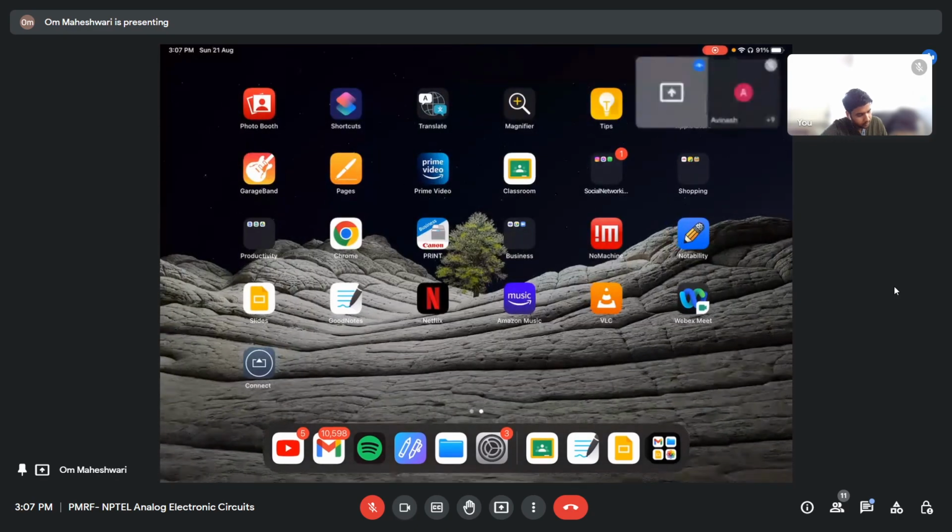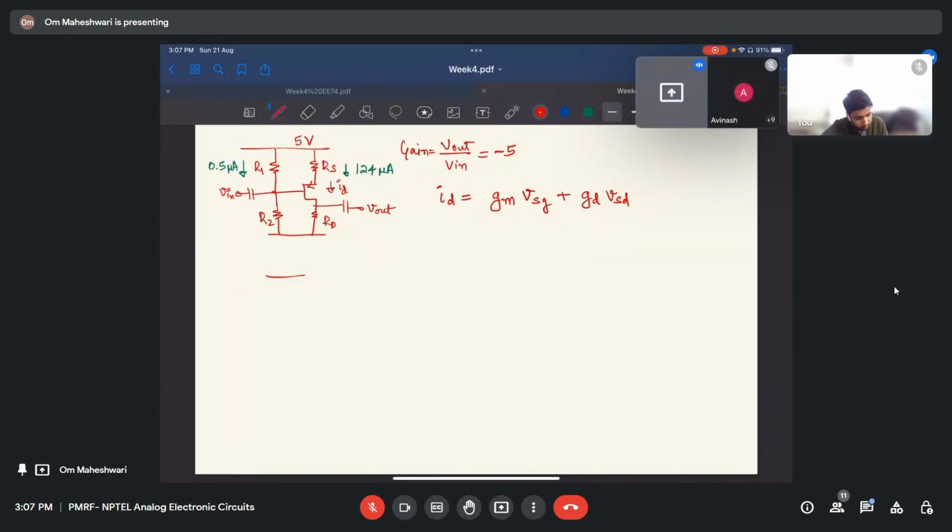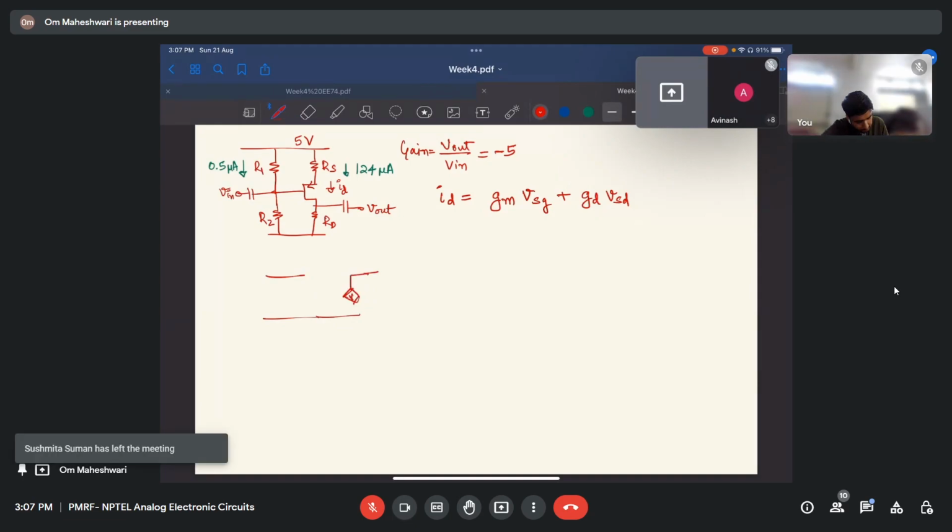from where this equation comes from, if we draw the small signal model of PMOS, right?